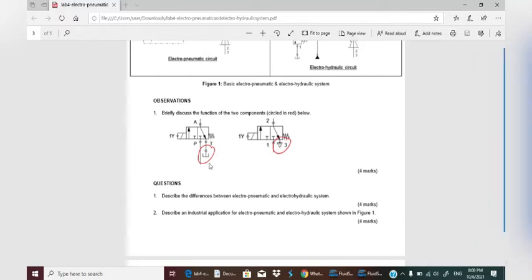For question number 2, describe an industrial application for electro-pneumatic and electro-hydraulic system shown in figure 1. Electro-pneumatic uses electrical technology to control compressed air as a medium; electrical devices such as limit switches, valves and relays are some of the mechanisms used.